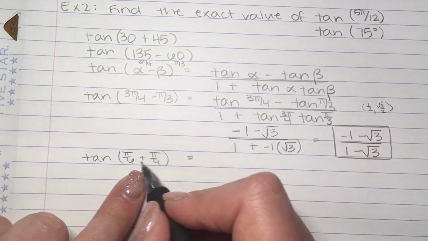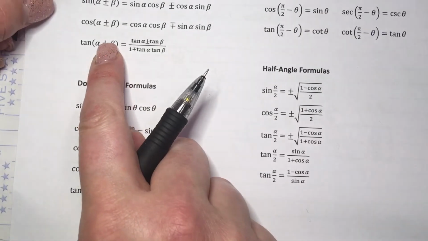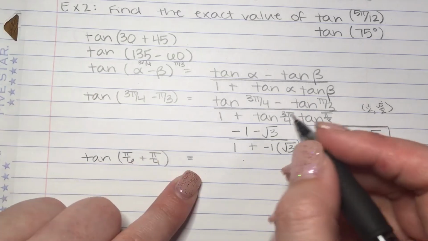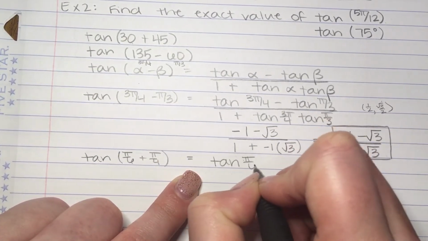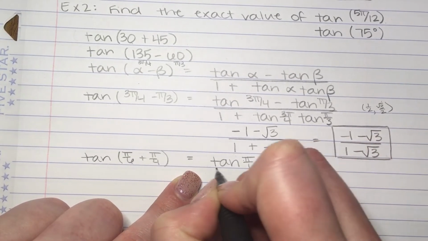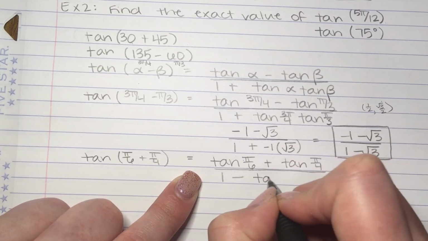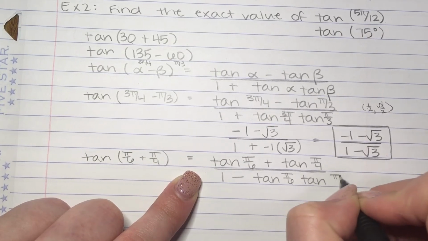Okay, so this is a plus, so that means that if I'm looking at my sheet, I'm going to use a plus on top and a minus on the bottom. So I'm going to have tan alpha plus tan beta divided by 1 minus tan alpha times tan beta.